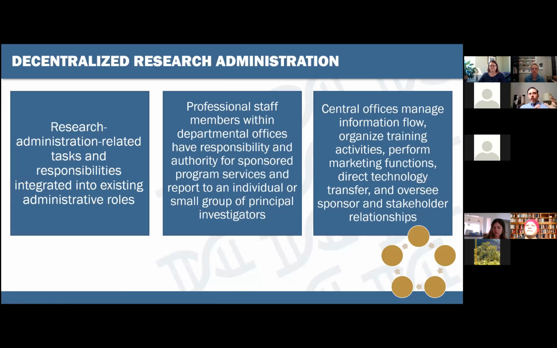So to start, we'll talk about what a decentralized model looks like. Here, the research administration tasks and responsibilities are usually integrated into existing roles. Maybe there is an administrative support personnel who already works with the investigator. Now they also help with research activities. The professional staff who support research are embedded in the laboratory or in the departments with the investigators and support them on a day-to-day basis.